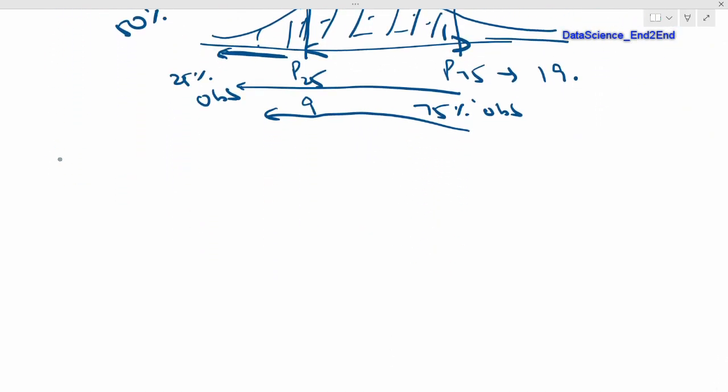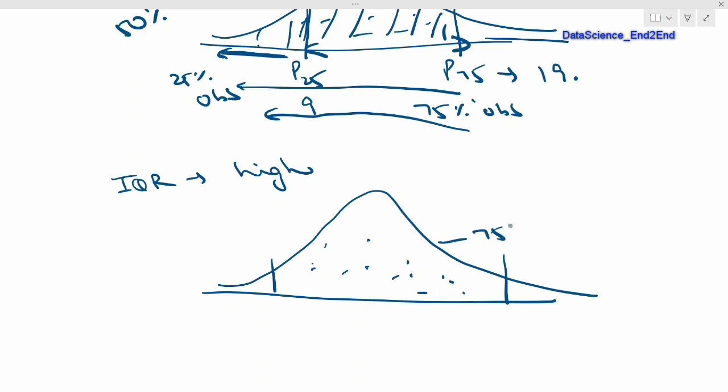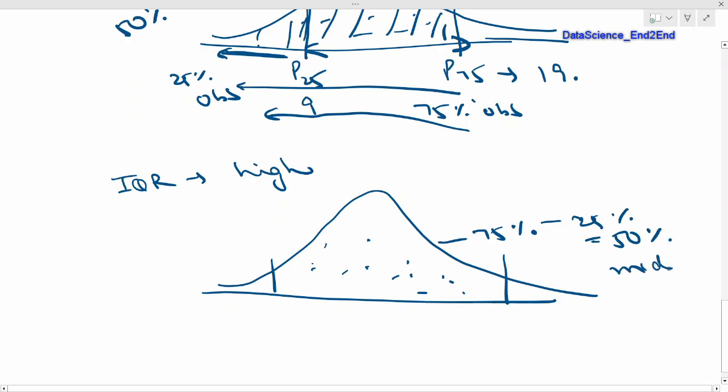Now, how to interpret interquartile range? If interquartile range is high, then we are saying that 75% data minus 25% data, which is again the middle 50% data, is located between, for example, 100 and 10.